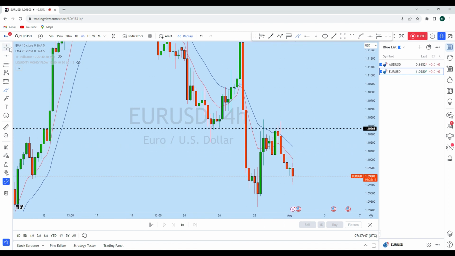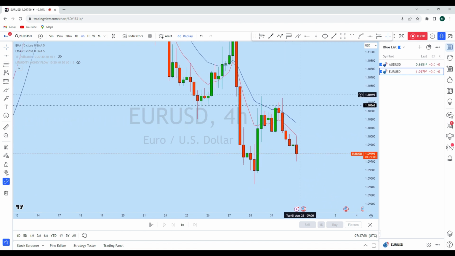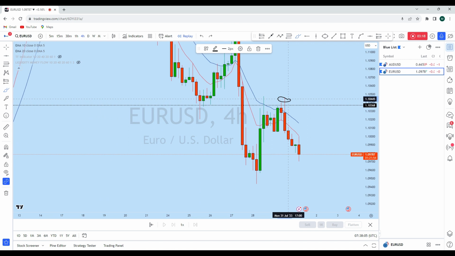Now if we look at a lower time frame, we can see that EUR/USD's current session candle is forming a bearish candle. In this 4 hour time frame, multiple times the price has crossed the high from this 20 EMA and been rejected. We have seen long wick candles signaling a potential liquidity grab, and in this current session the price crossed this narrow tiny doji's high and then immediately rejected.